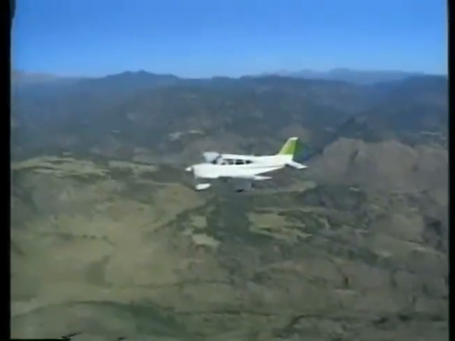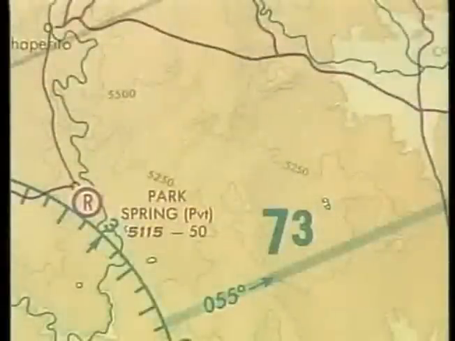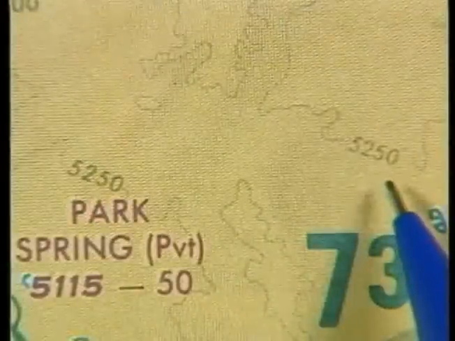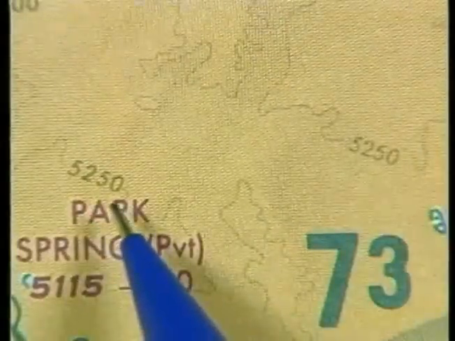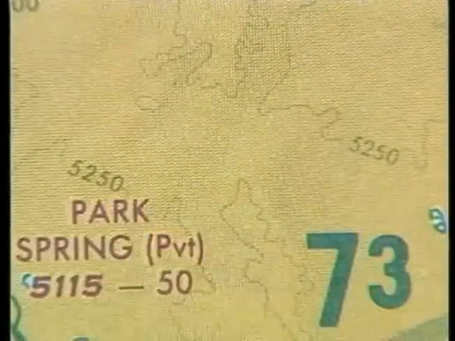General terrain elevation above sea level can be determined by referring to the contour lines on the chart. These lines connect points of equal terrain elevation. This model shows the relationship between the terrain shape and the contour lines shown on the chart.